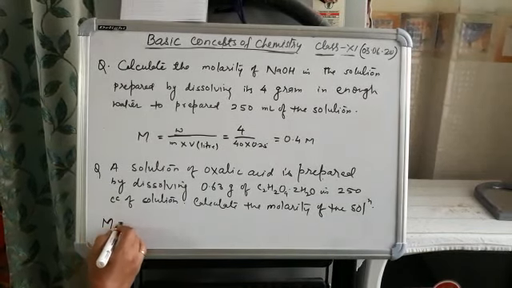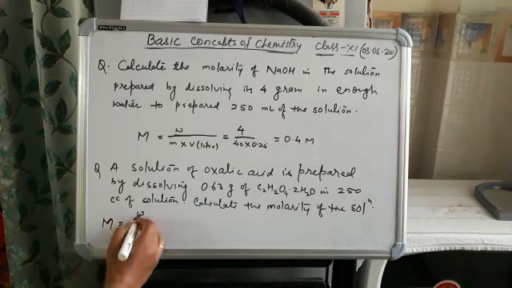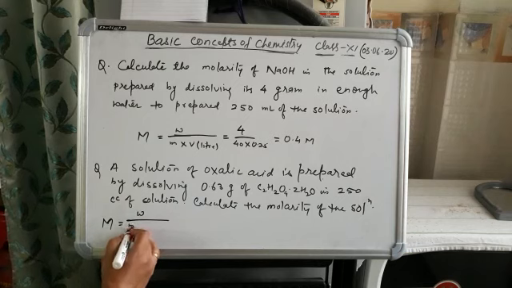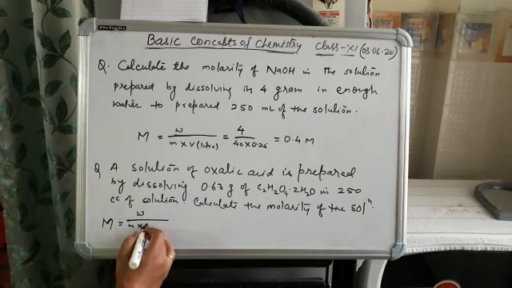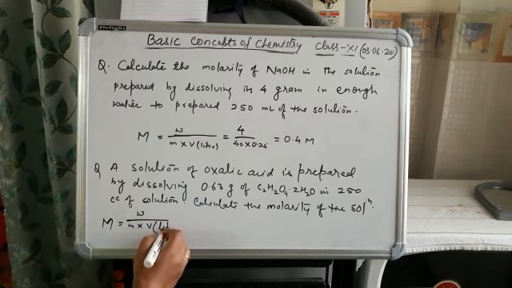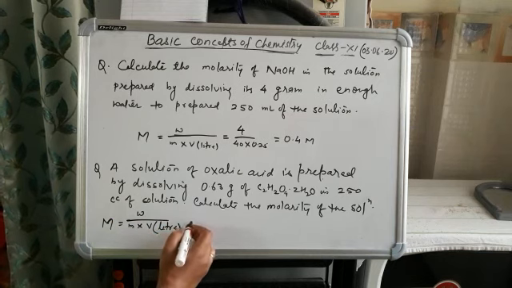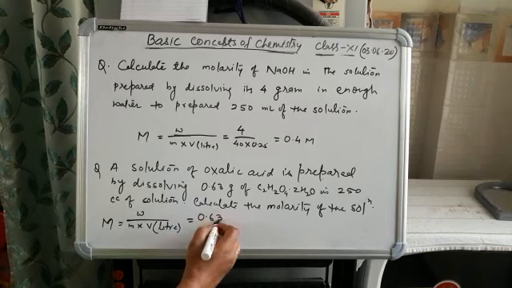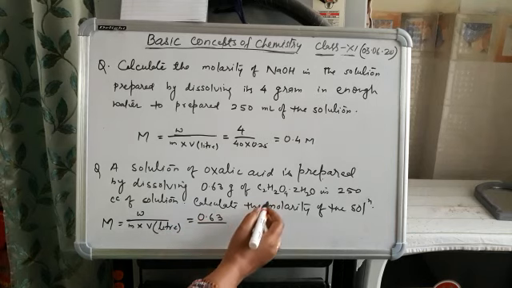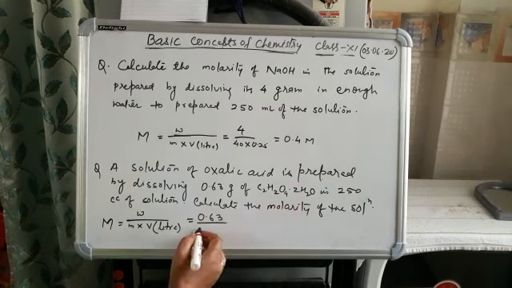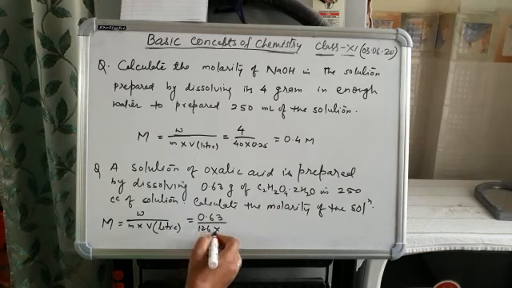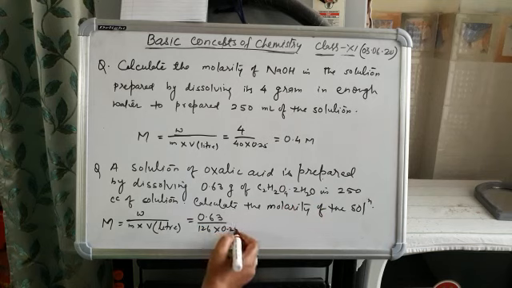So M equals mass of the solute by molar mass of the solute, by volume in liter. Mass of the solute is 0.63, and you have to calculate the molar mass of oxalic acid. It comes to 126, and volume of solution is 250 ml, converted into liter.